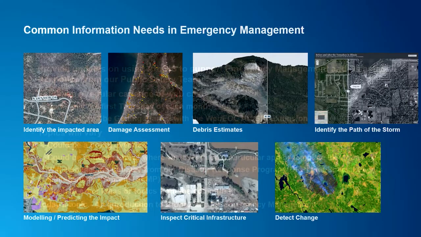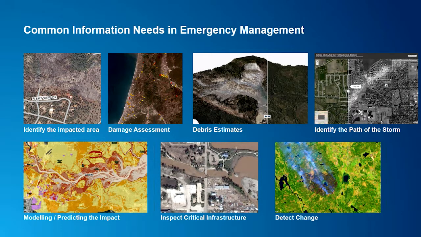So there's a lot of common information needs in emergency management that we see Drone2Map can help address, whether that's identifying the impacted area, like the fire scar that you see there, and really getting to that impact polygon, or doing damage assessment quickly after an event, or doing debris estimates or volumetric calculations and looking at the digital surface model and seeing what the differences might be after a landslide or beach erosion, or following the path of the storm and identifying where that's impacted the landscape, or even doing more advanced modeling and helping to predict the impact of floods, as you see here, or other events, or inspecting critical infrastructure and where bridges may be out or other infrastructure may be damaged, and finally helping to detect change.